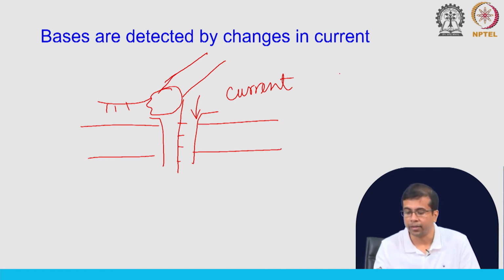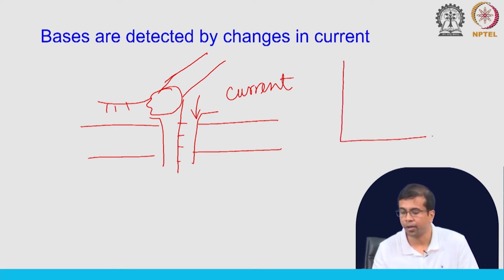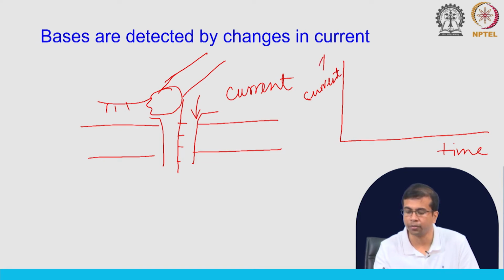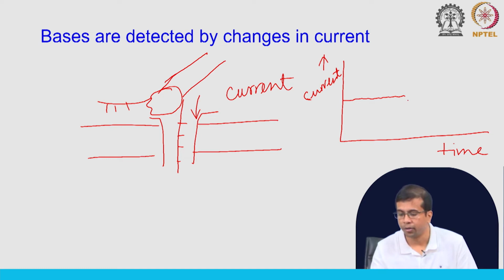You can imagine this situation. If you are drawing time versus current, the y axis is current, in picoampere, a very small current. Let us say we have this kind of constant level of current passing through the nanopore, and then at this point we start passing the DNA molecule through the nanopore.